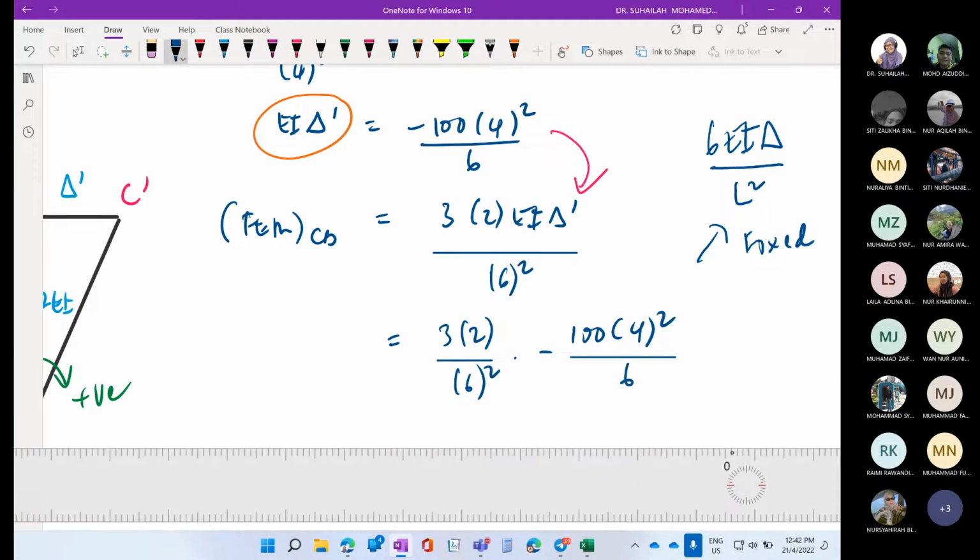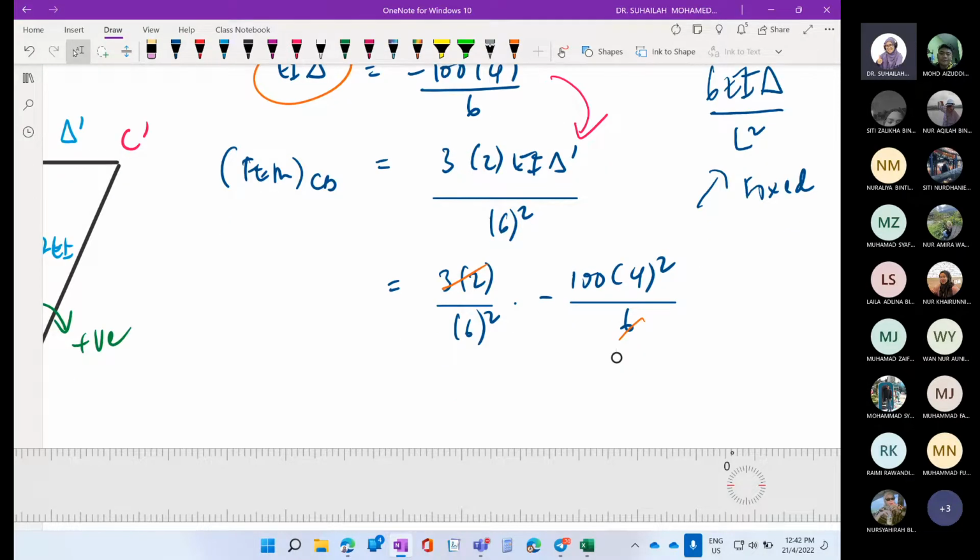This one cancels, this one cancels. So what is the answer for FEM CD? It is 100 times 4 squared divided by 36, which is 1600 divided by 36.